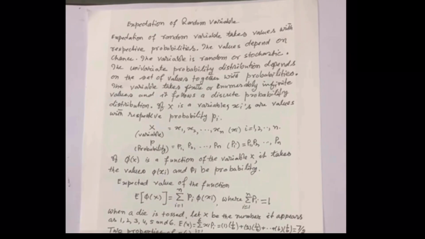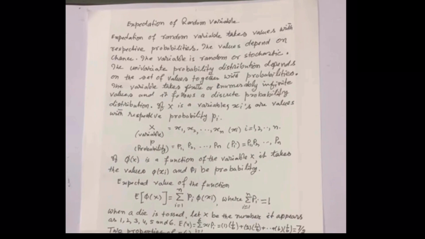And the probability is p1, respectively. With x1, probability is p1. With x2, probability is p2. So on, for xn, probability is pn. So pi is p1, p2, so on up to pn.